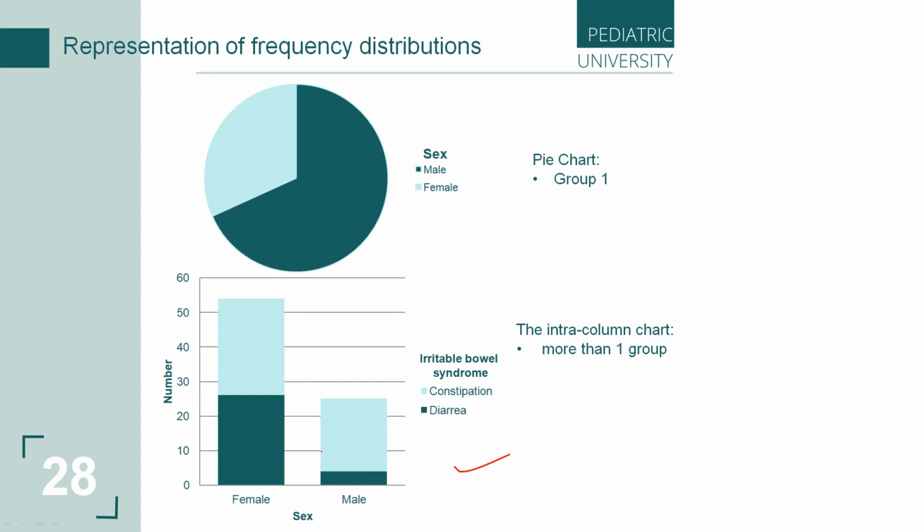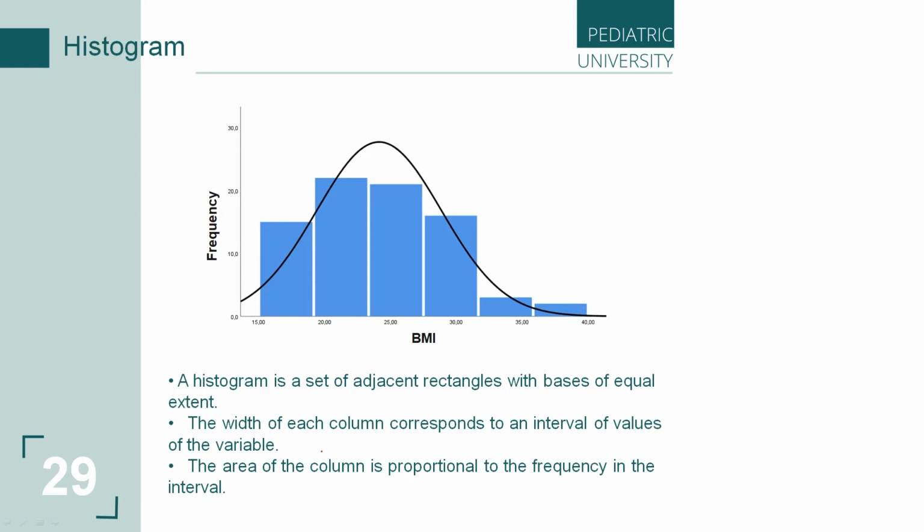The next frequently used chart is the histogram. What is a histogram? The histogram is a set of adjacent rectangles with bases of equal length.